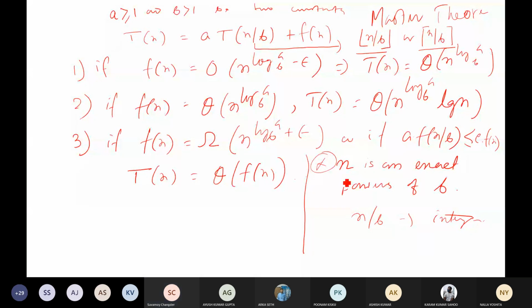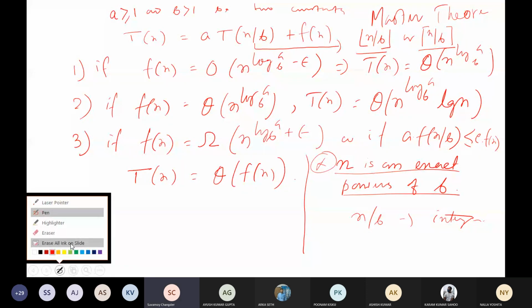Right, so this is what I need. For proving the theorem, we will prove three lemmas.